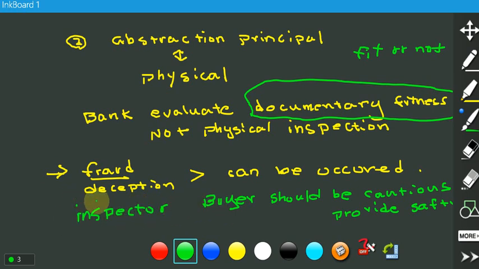So in the letter of credit content, the buyer should ask the beneficiary to route inspections, local inspections, and his endorsement.